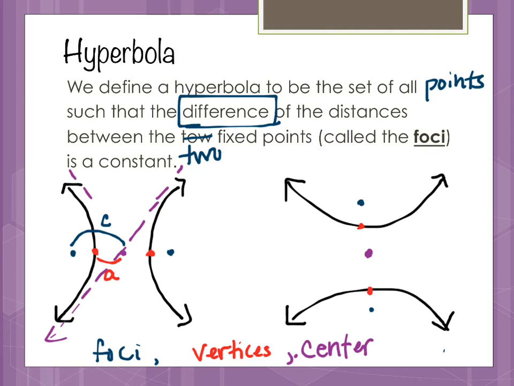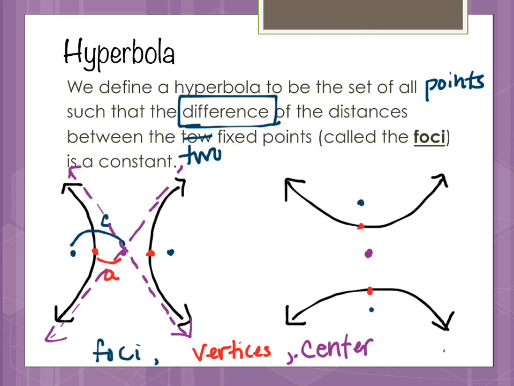Our graph of the hyperbola is trapped between these asymptotes, and the B value tells you how wide or narrow those asymptotes are, as to where they trap the two pieces of the hyperbola. There's not a picture with the B value that's especially helpful, so I'm not going to draw where it lies, but there is an equation we can use to calculate it.